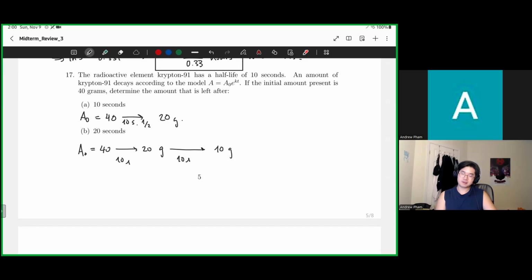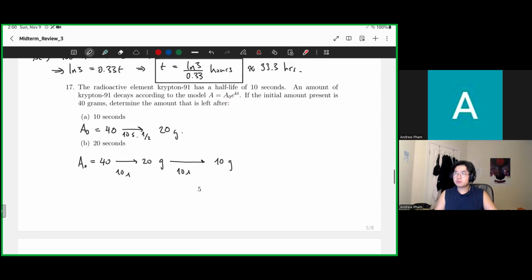Okay? That's really that simple, right? Reading the directions is just a small line of work. All you had to do was recognize what a half-life meant. And since I gave you two full half-lives, it's simply having your initial amount, A0, which is given to be 40 grams. Okay.